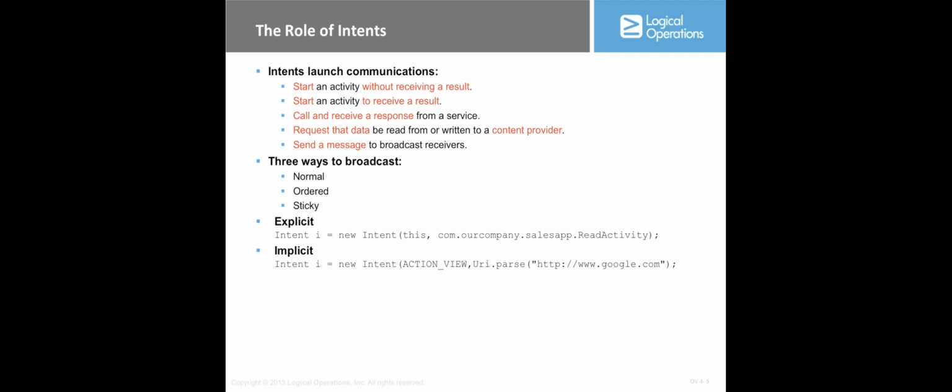So this is where we get to, depending on what type of broadcast I'm going to use, I need to define my intent. Do I use an explicit intent or an implicit intent? This now becomes more an exercise in comprehension than anything else, defining explicit versus implicit.